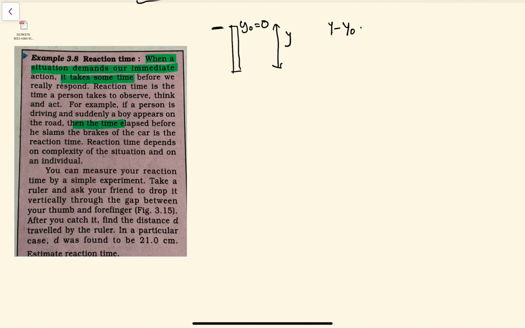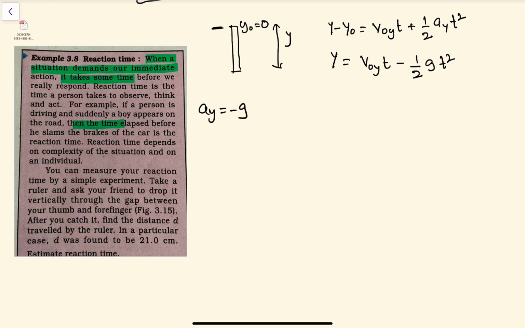y minus y naught is equal to v naught y into t plus half into ay into t square. Here y is equal to v naught y into t minus half gt square. Here ay is equal to minus g, y naught is equal to 0. We have given dy is equal to d.